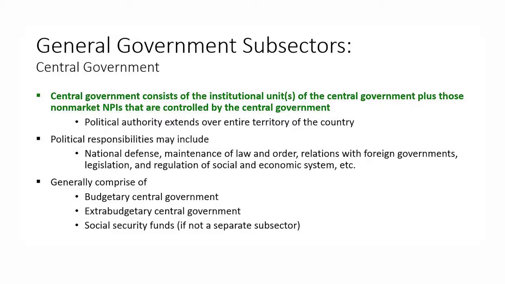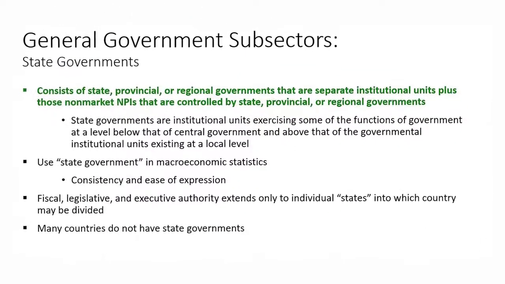Whether it's in local or so, it's not so important, but it's important that it is in general government. The general government subsectors consist of state, provincial and regional governments, which I already mentioned. They are separate institutional units plus those non-market producing institutions that are controlled by them.